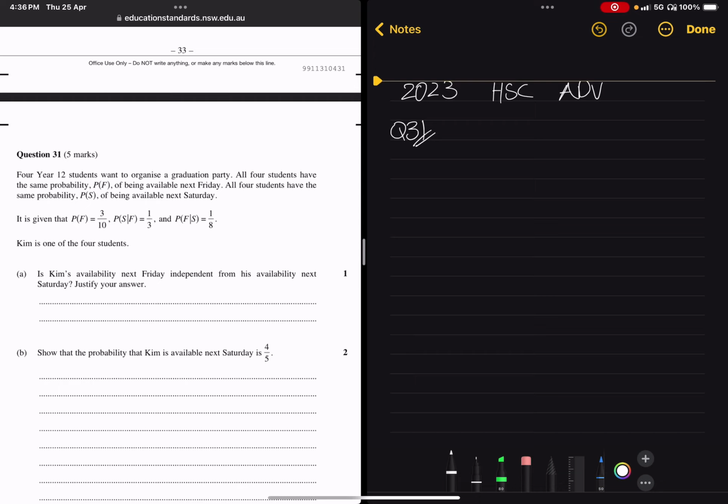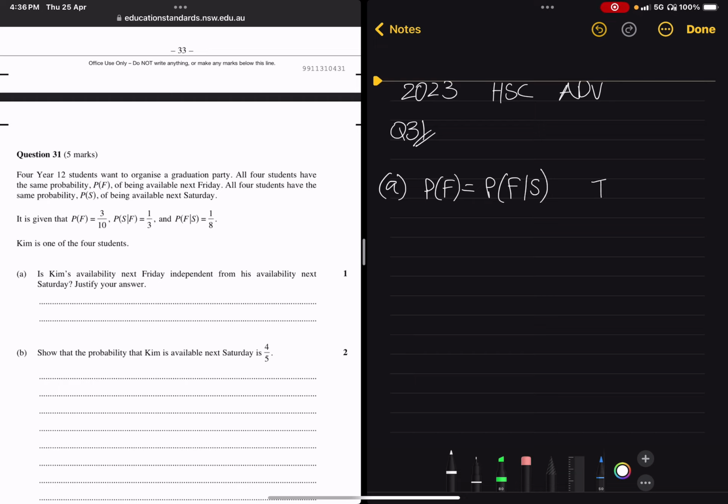We're told Kim is one of the 4. We're then asked, for part A, is Kim's availability next Friday independent from his availability next Saturday? Well, this is essentially a question about definitions. It is independent in the case where P(F) is equal to P(F|S).